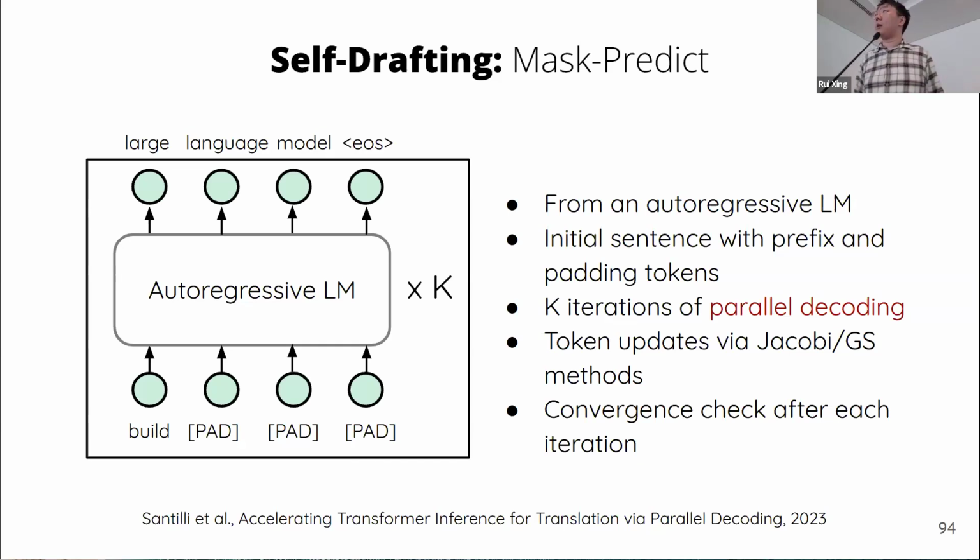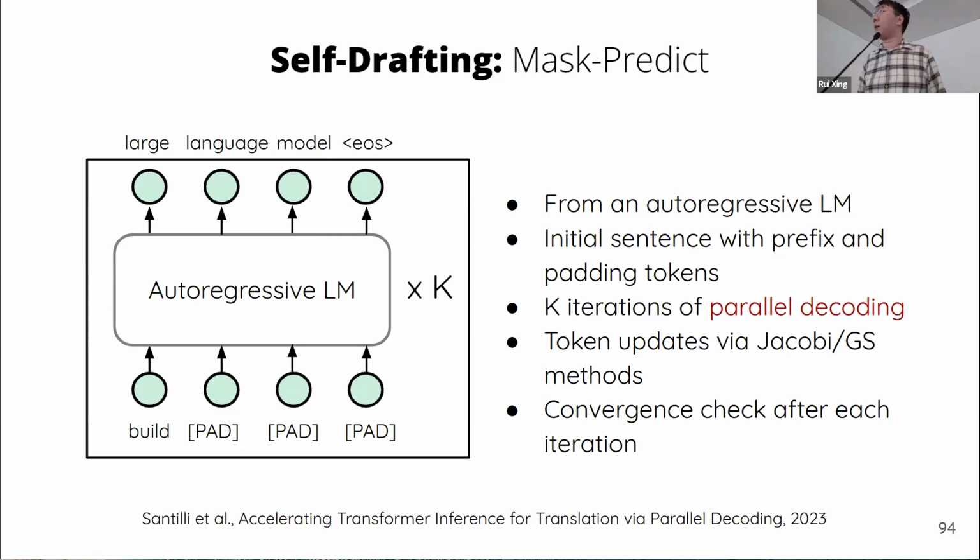We feed these tokens into the autoregressive language model, and it can generate the next token for each position. After this iteration, usually the results are not so good because the autoregressive language model is trained to decode a token step by step. So here we have to run k iterations for parallel decoding.